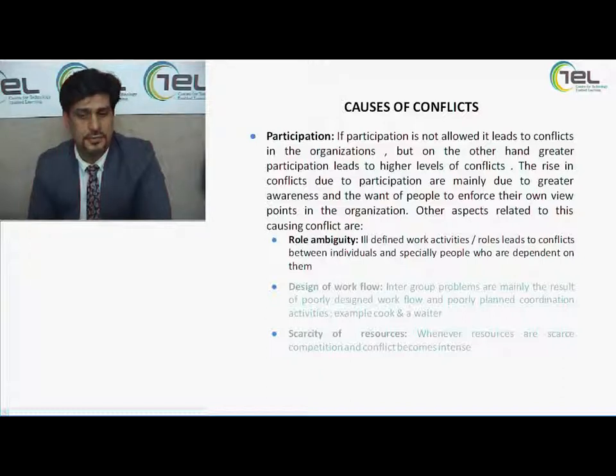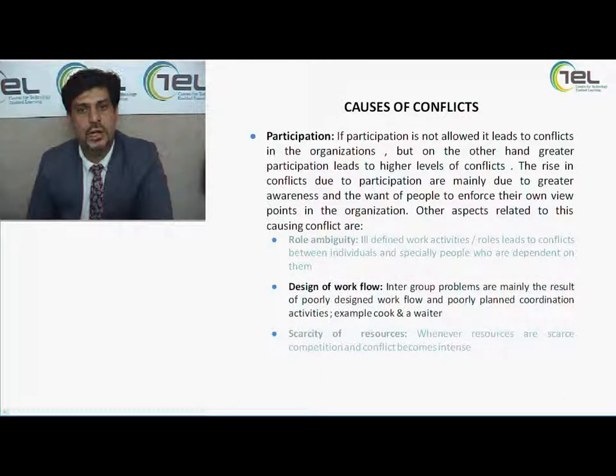In other words, if people are not clear about their roles, if people are not clear about their work activities, it leads on to conflicts between individuals. Or if an organizational structure is designed in a manner where people do not have role clarity or job clarity, it will always lead on to conflicts.